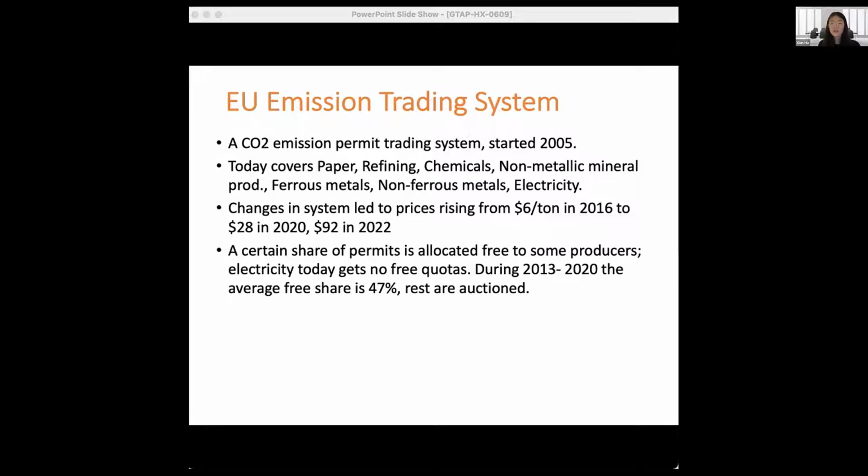A certain share of permits is allocated free to some producers, except electricity. And during 2013 to 2020, the average free share is about 47%, and the rest are auctioned.